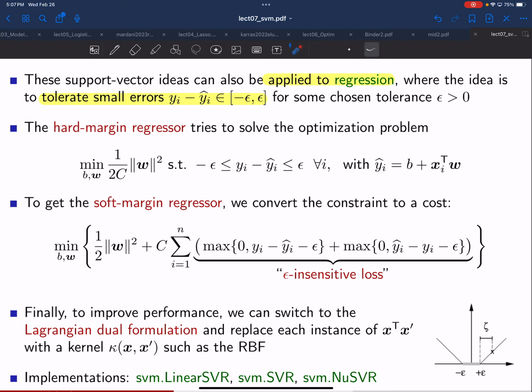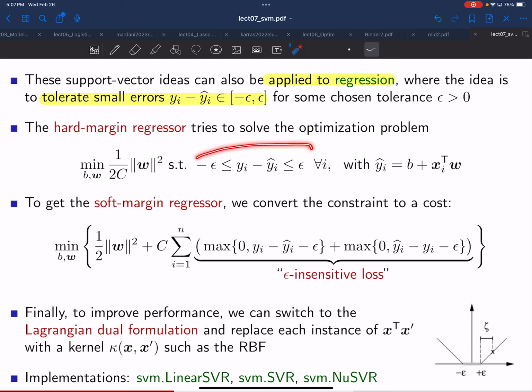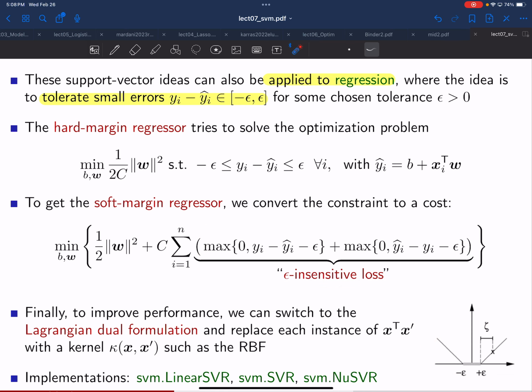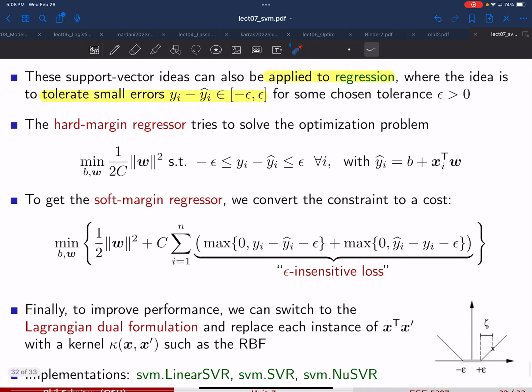And so, of course, that works only if there exists some b and w that can provide that behavior. If not, then you can take these inequality constraints and convert them to a cost, and then you get this cost. And this term here is exactly this thing I plotted down here. It's called the epsilon-insensitive loss.